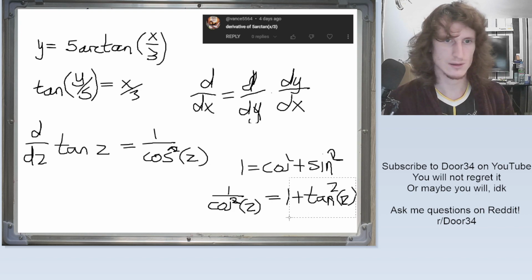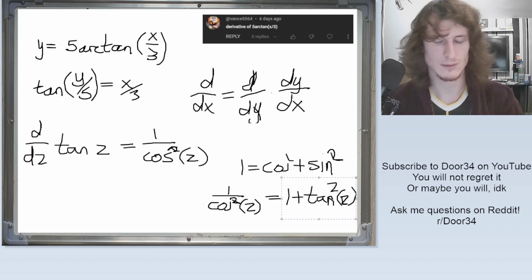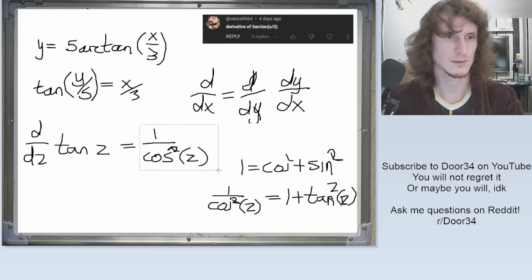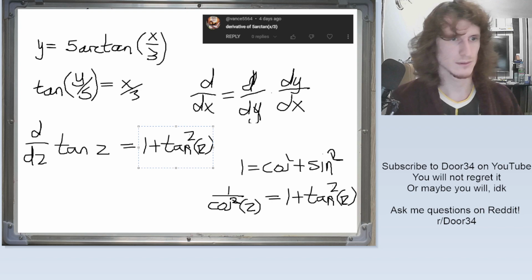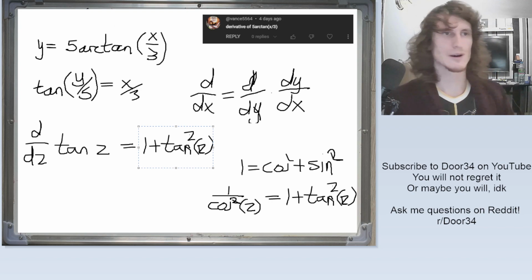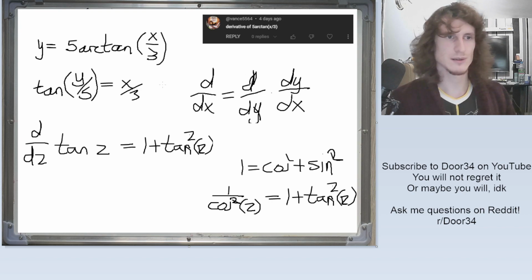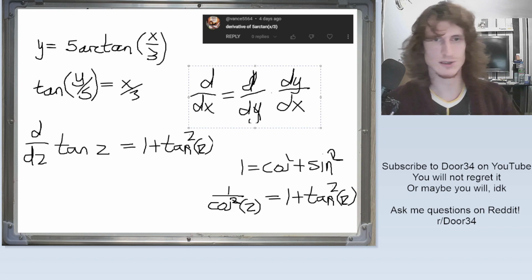So let me copy this, and we'll paste it here. Recall in the beginning that we said with this guy, now we know how to handle the differential of tan. So we're just going to use the chain rule here.